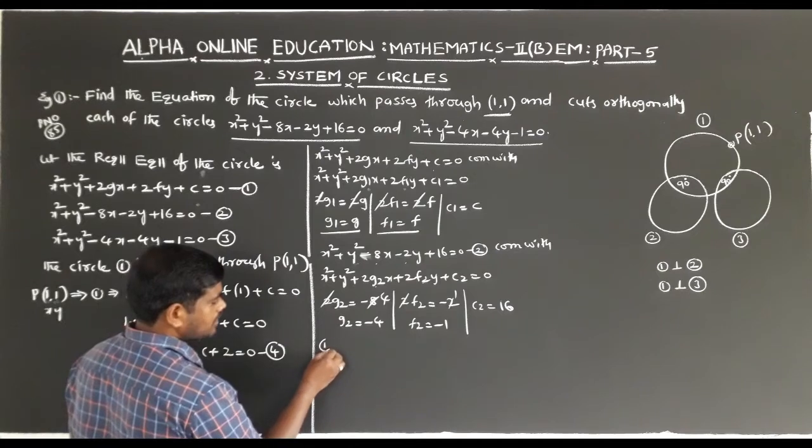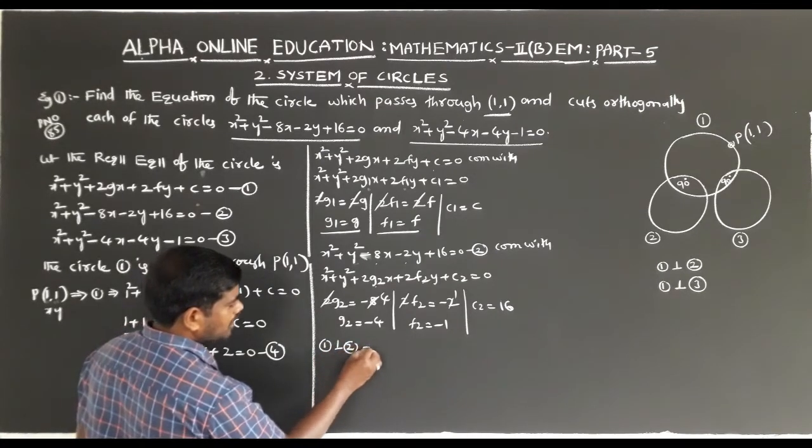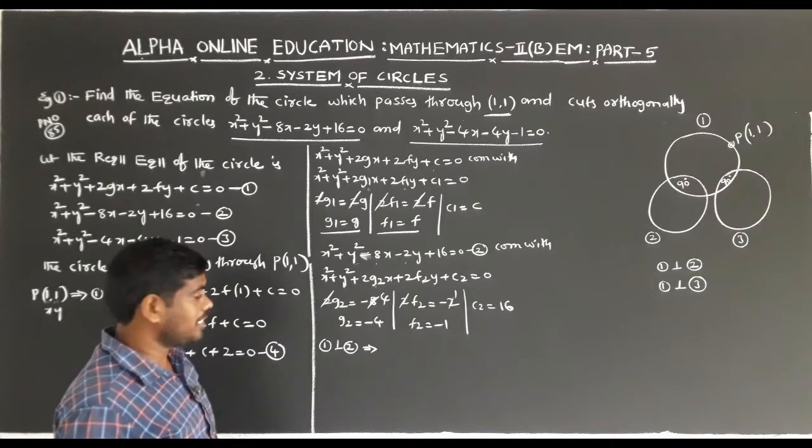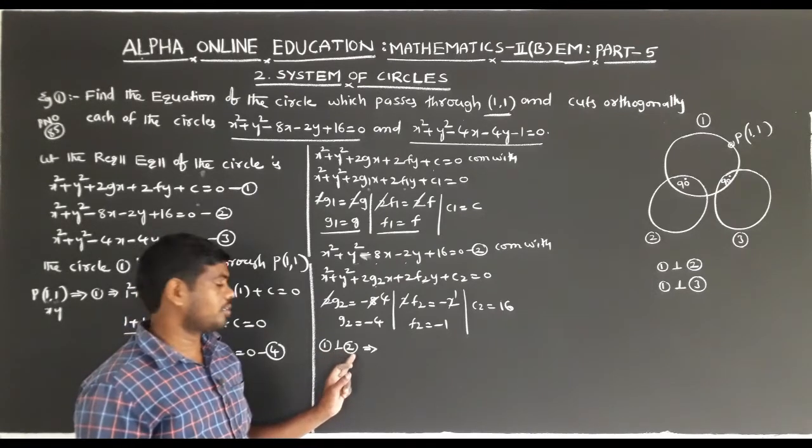The circles 1 and 2 intersect orthogonally, so 1 is perpendicular to 2.